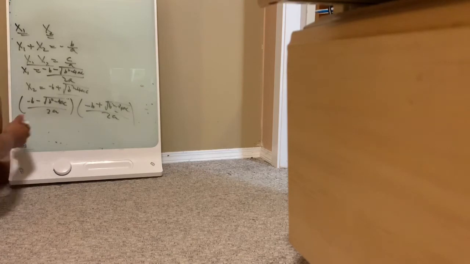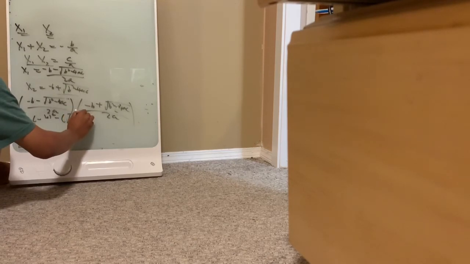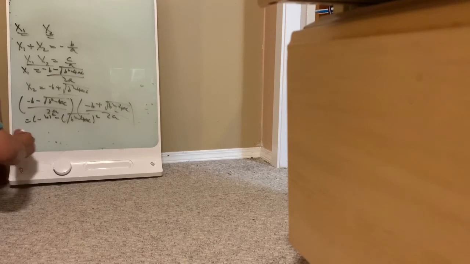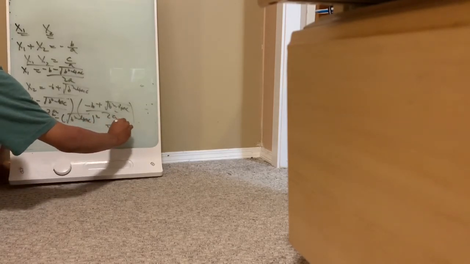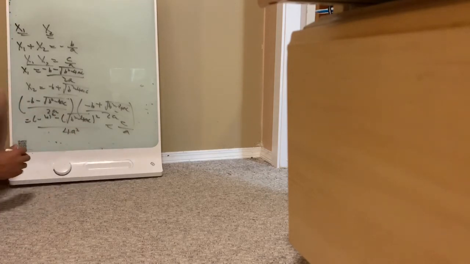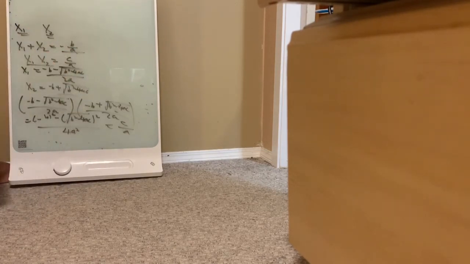So after a bit of simplification, we are able to get this, which is going to be equivalent to this. So this is how we get the two formulas here.